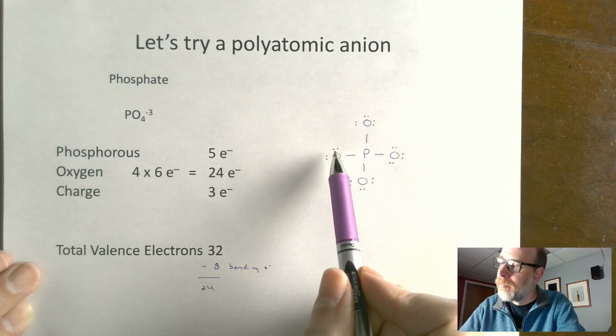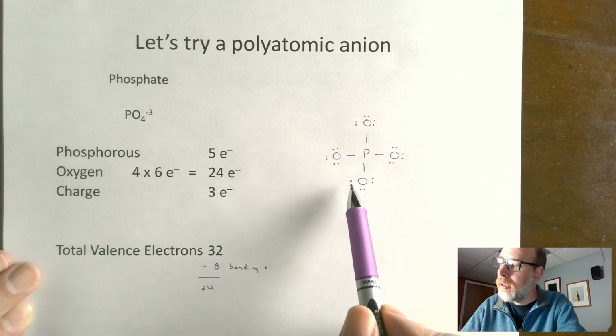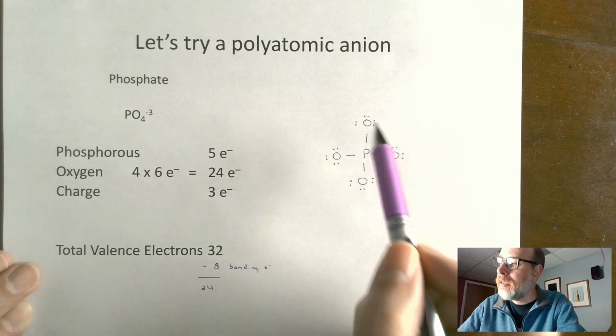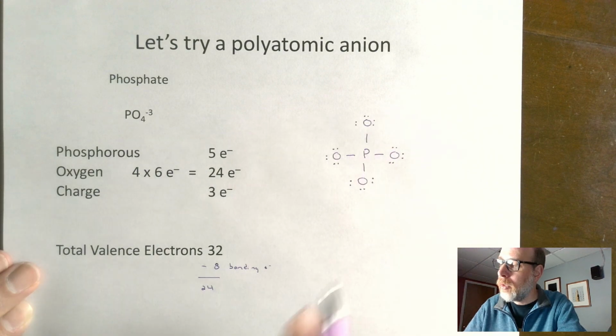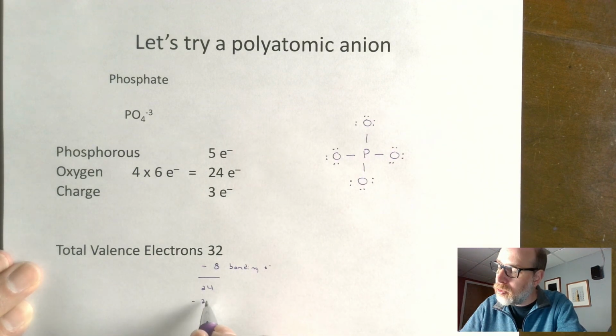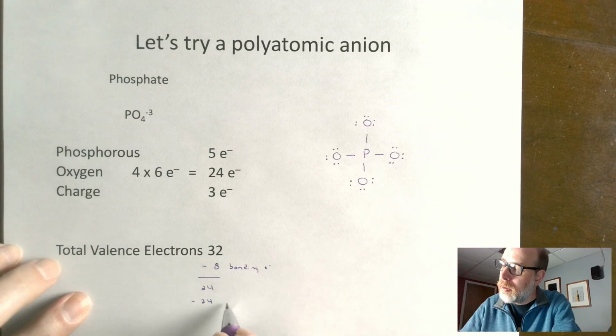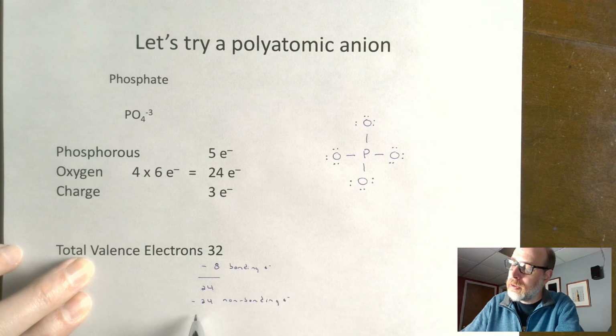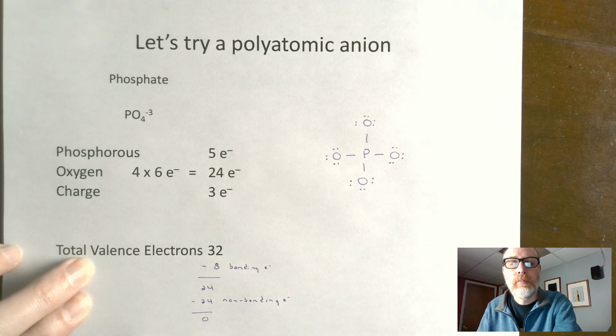Let's count them. 2, 4, 6, 8, 10, 12, 14, 16, 18, 20, 22, 24. We've added another 24 non-bonding electrons. So we're done. We're done adding electrons.